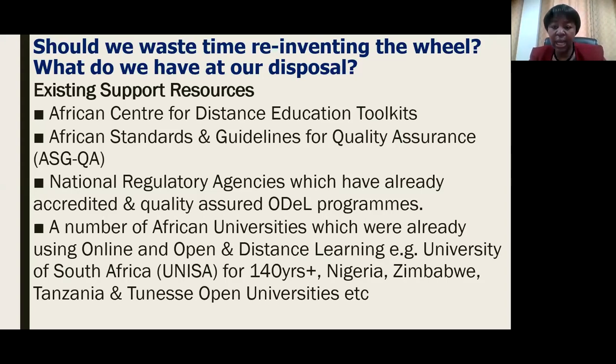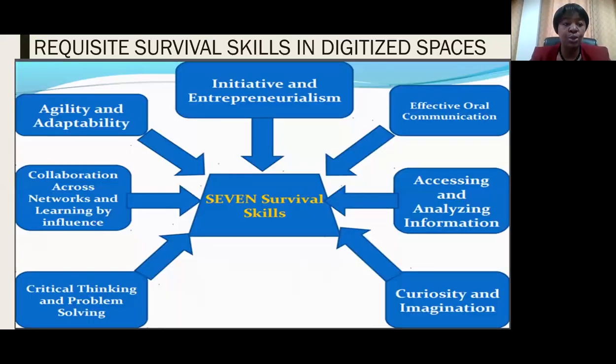Some national regulatory agencies have already been accrediting online programs which were done in certain faculties and departments, not fully fledged in universities. A number of African universities have already been doing it. I just want to mention UNISA, the University of South Africa. It has more than 140 years of experience in online and ODL. We can also pluck a leaf from what they've been doing.